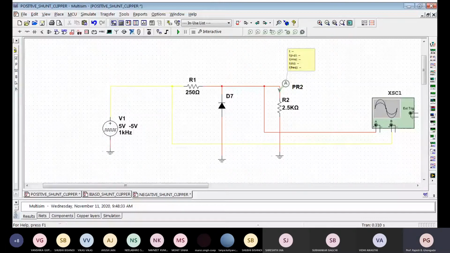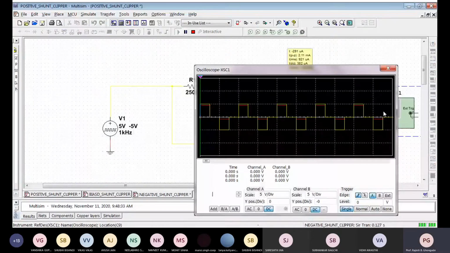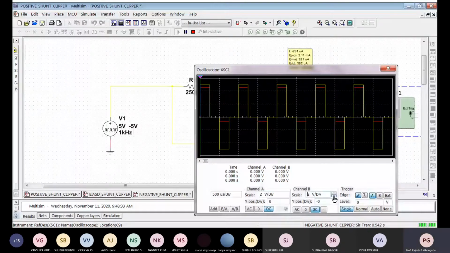All right, so let us give it a try. So you can see here that I'm having... okay. Is the waveform visible to all of you? Yes, sir.